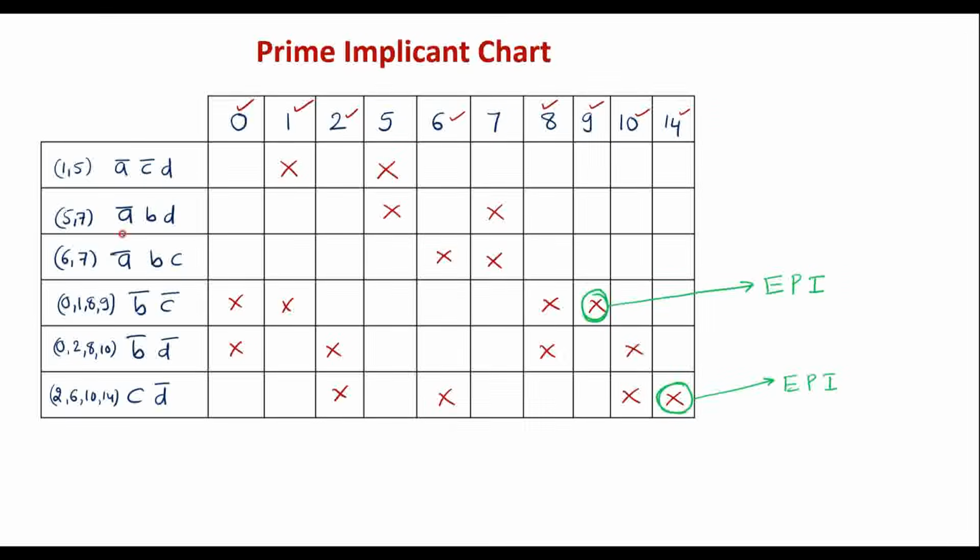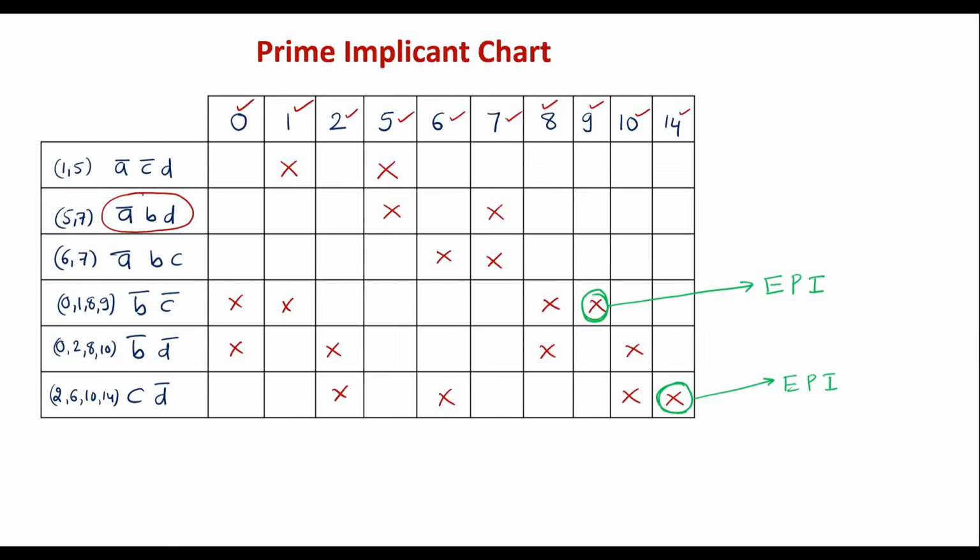So we are supposed to consider such that it covers the maximum number of min terms. If I consider 5 and 7, it will cover both 5 and 7. So with a single prime implicant, I can cover 5 and 7. So I will choose this prime implicant. With this, we have covered all the min terms of the given function.